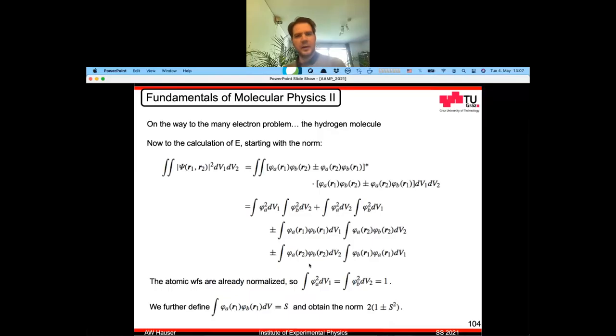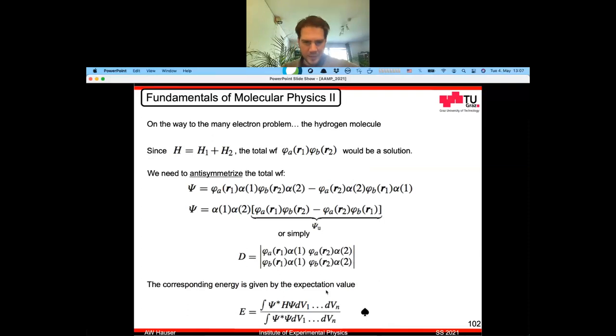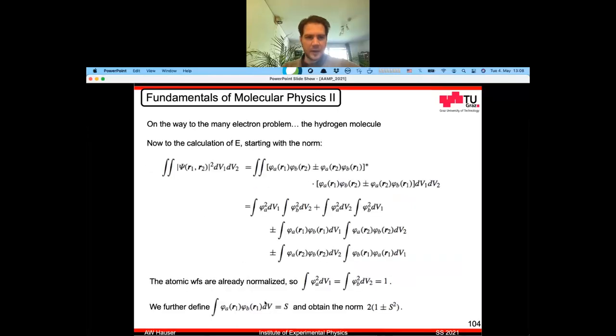Okay, now in order to calculate the energy, we have to evaluate this integral, or these two integrals. One would be this overlap, the other one would be the Hamiltonian sandwich, so the expectation value basically of the Hamiltonian for the given electronic state. And that's what we are doing now. Here we start with calculating the lower part, so the norm.